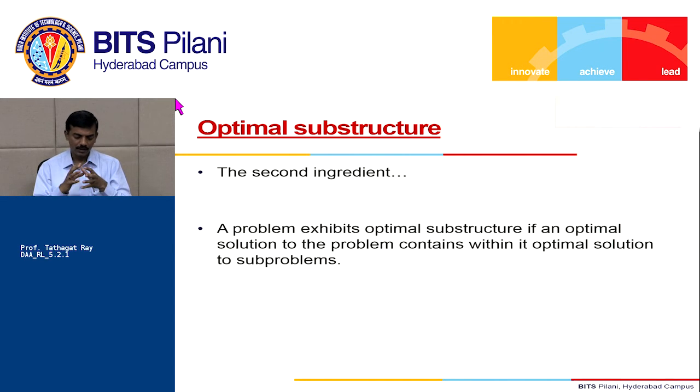If I look at my problem and ask whether this problem is exhibiting optimal substructure or not, I will look into the optimal solution to my original problem and ask the question whether it contains the optimal solution to its sub-problem or not.